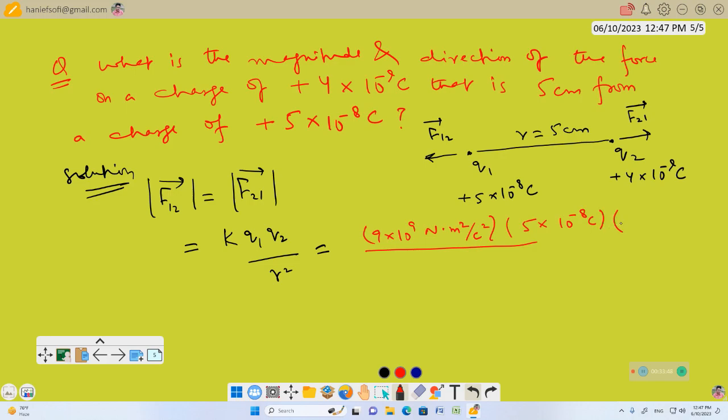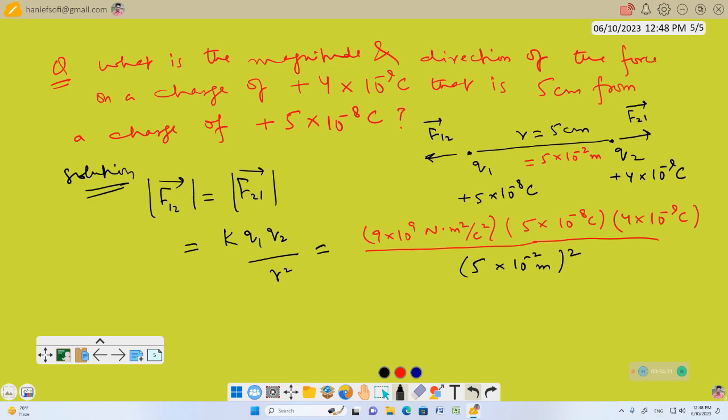Then you have Q2, 4 into 10 raised to minus 9 coulomb. Then you have distance. Distance is in centimeters, so we convert it. So it is 5 into 10 raised to minus 2 meter. 1 centimeter is 10 raised to minus 2 meter. So let me put it here: 5 into 10 raised power minus 2 meter whole square.